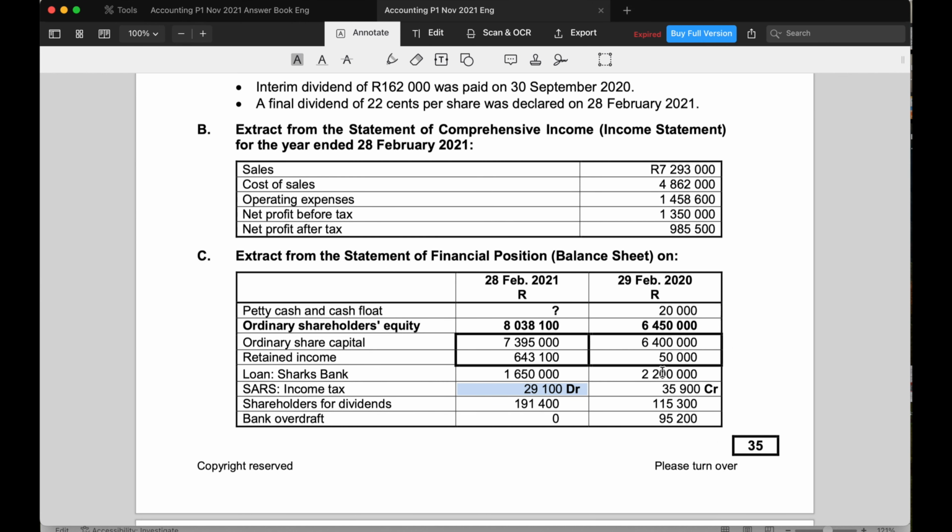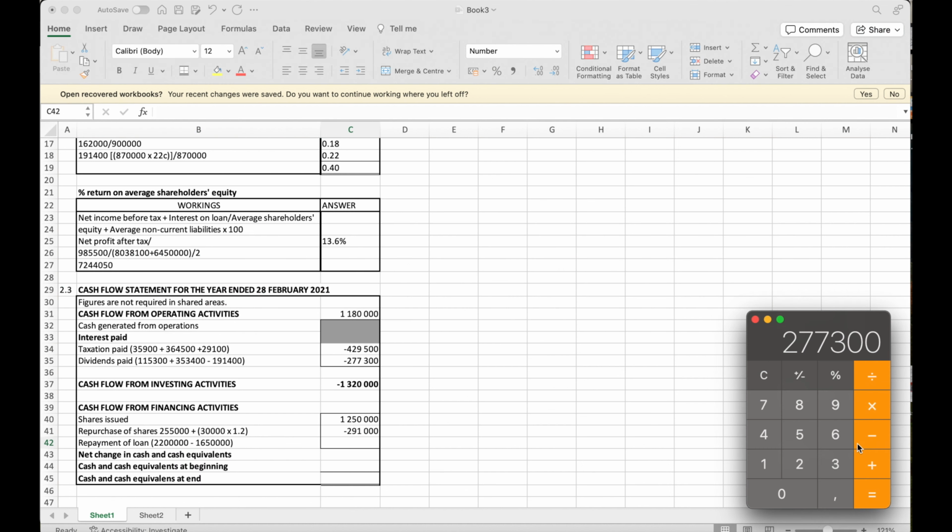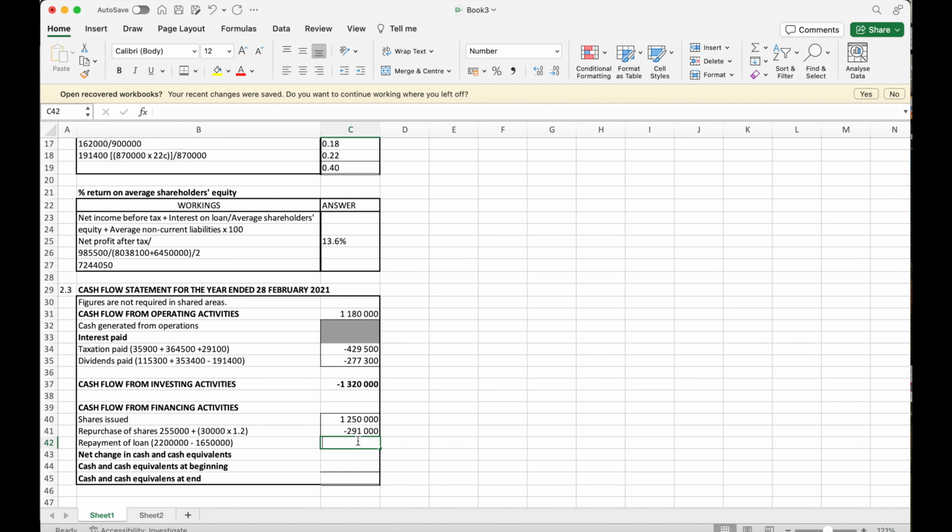Loan Sharks Bank, 2.2 million, 1,650 million. 2.2 million minus 1,650 million, because it reduced. It shows us that something was repaid, and if it was repaid, it's a minus. 2.2 million minus 1,650 million equals 550,000.